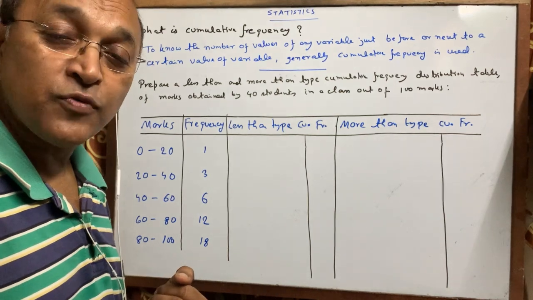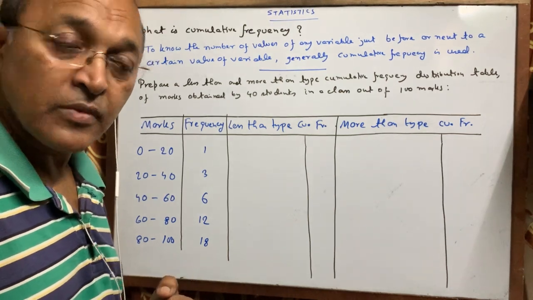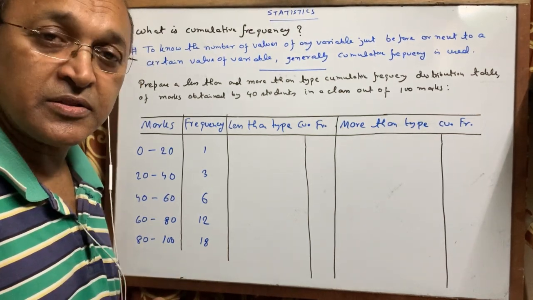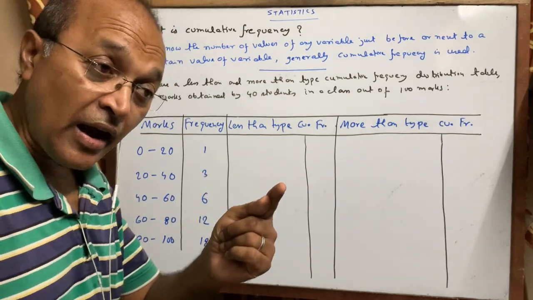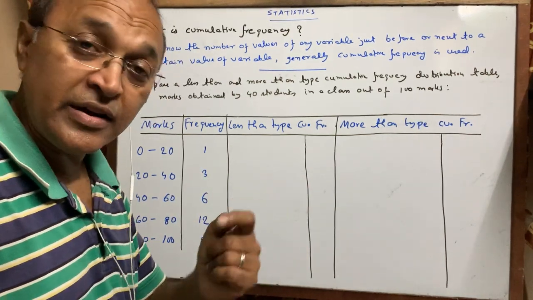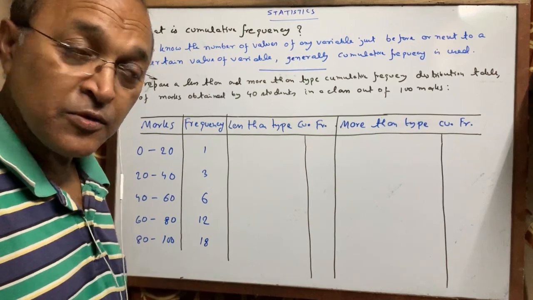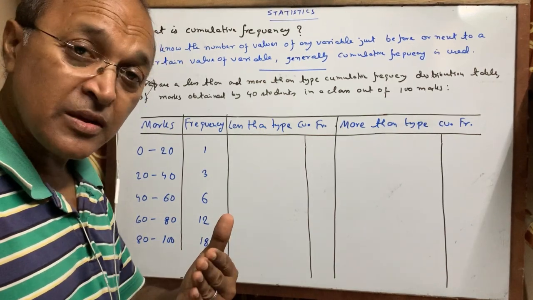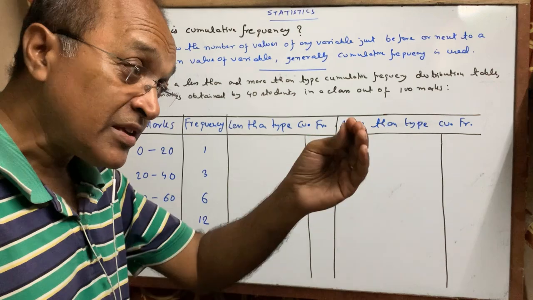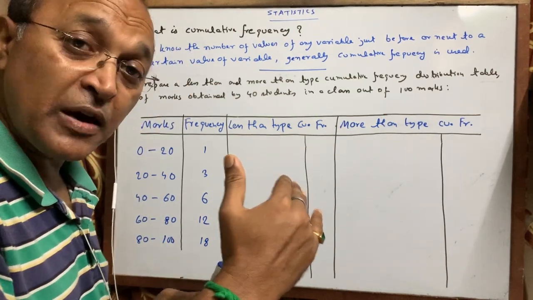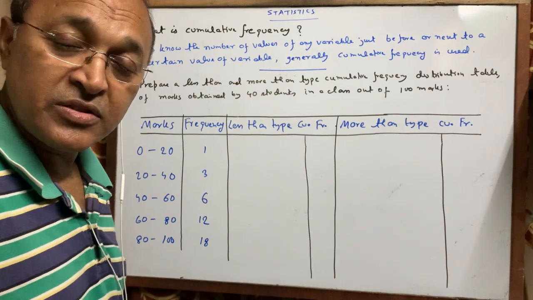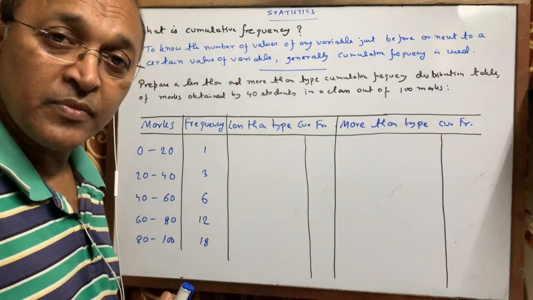Say if you are asked to find the number of members less than 30 years, then we have to consider 20 to 30 years, then 10 to 20 years and 0 to 10 years. Isn't it? So all together, less than means 0 to that value, and more than a certain value means from that particular value onwards, the entire value, right? It is.